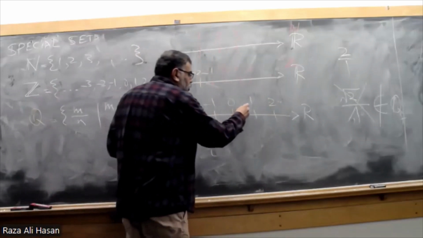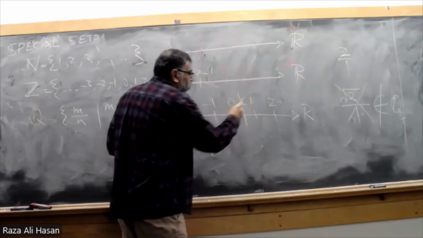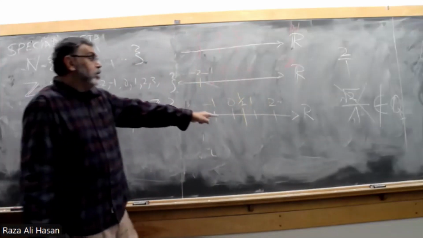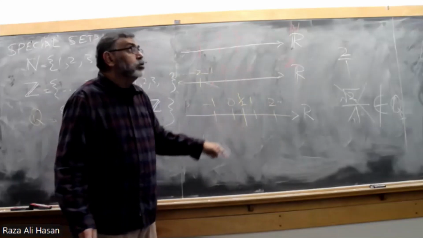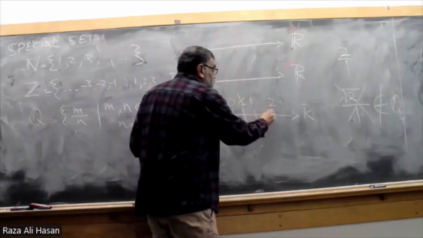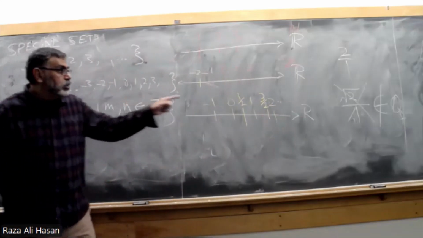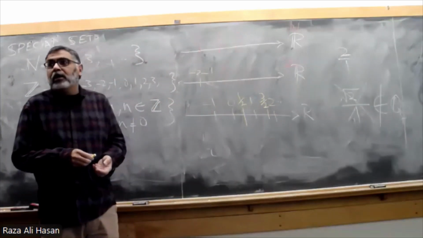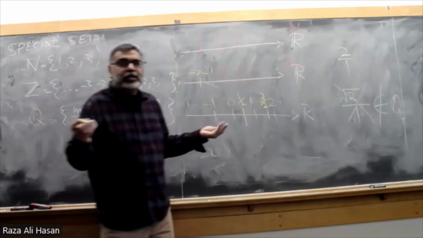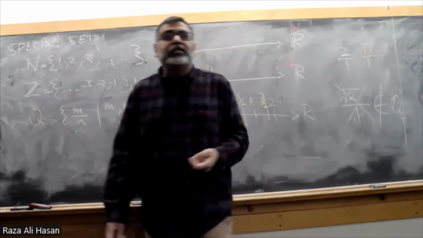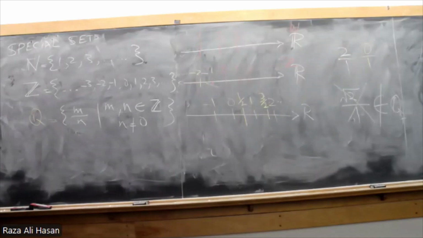Just to make sure we are making a point, I'm going to put half there. I can put 3 over 2. That would be somewhere here. Is 0 a rational number? Yes, because 0 over 1 is a fraction. We good now?